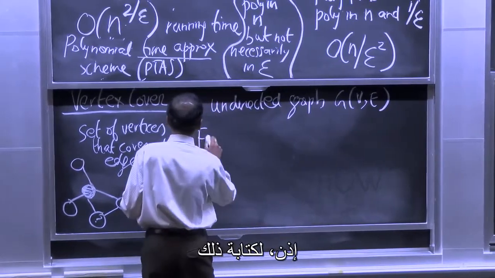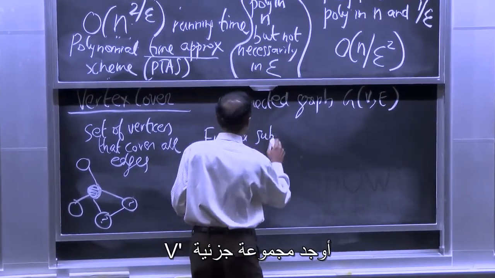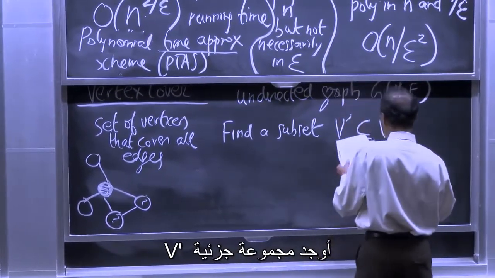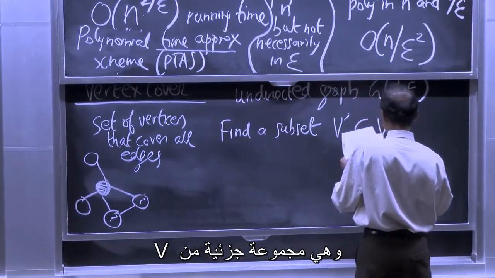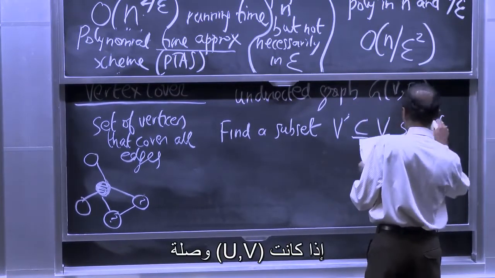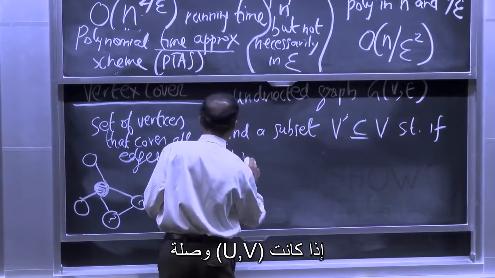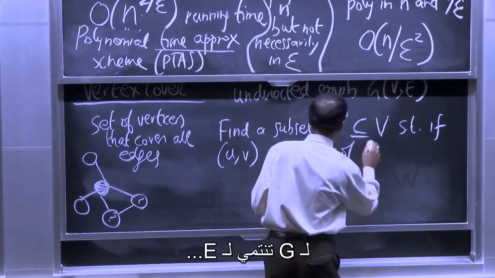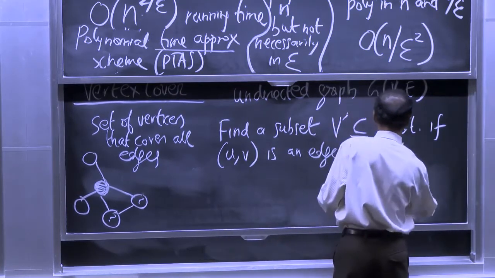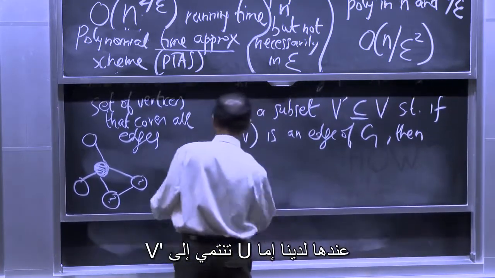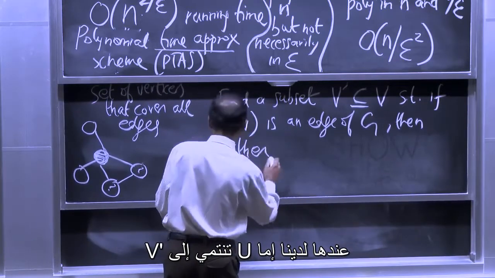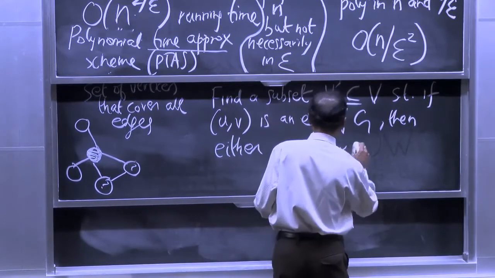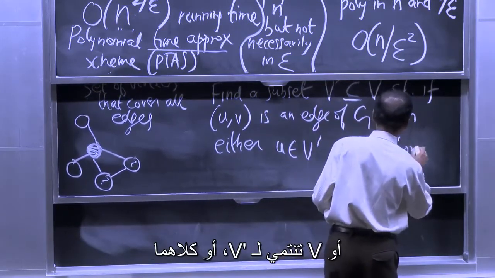And so just to write that out, find a subset V prime, which is a subset of capital V, such that if (u, v) is an edge of G, or belongs to E, then we have either u belonging to V prime or v belonging to V prime, or both.